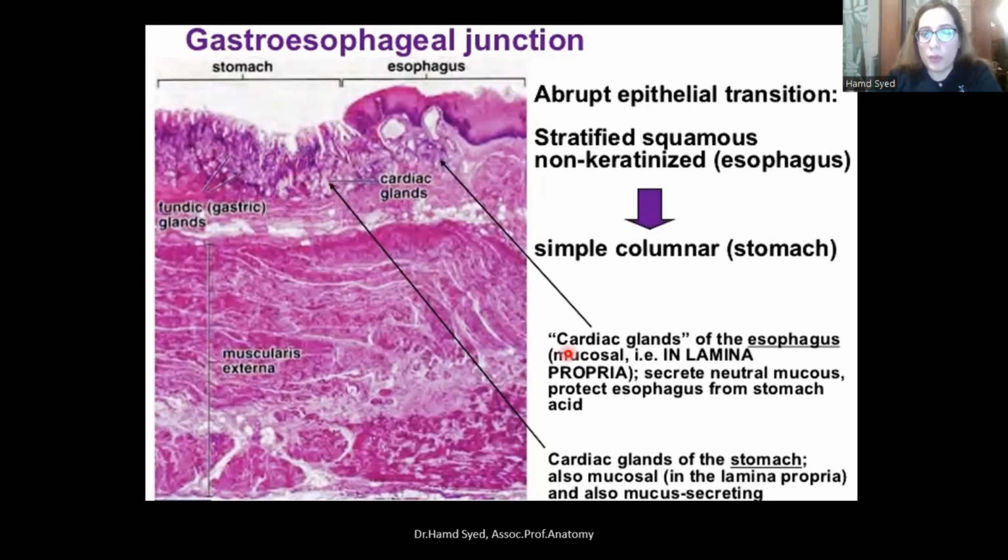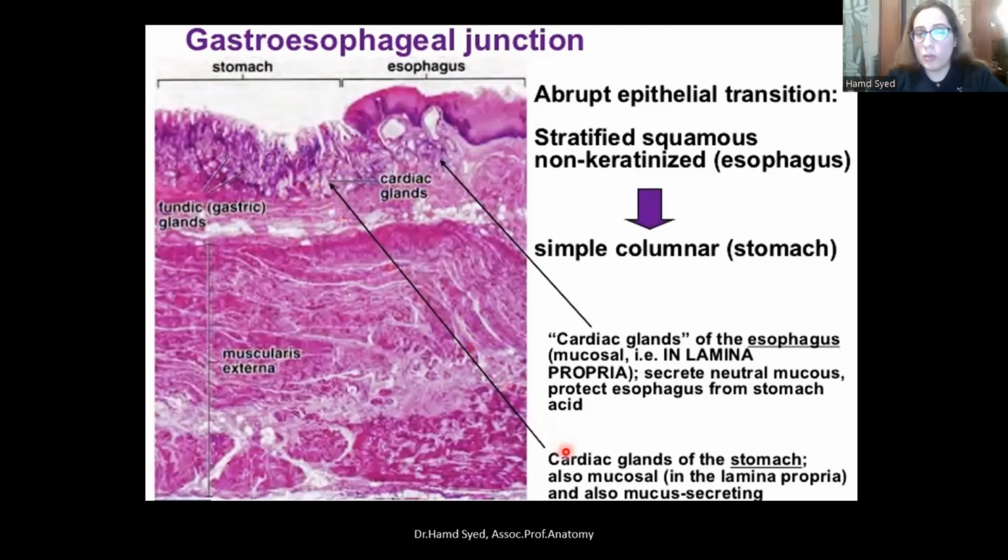And also we should note that there are cardiac glands in the esophagus. In which part of the esophagus? That is the innermost mucosal layer, specifically in the lamina propria of the mucosal layer. And these cardiac glands secrete neutral mucus, which protects the esophagus from the acidic secretions of the stomach. Then let's look at the part of the stomach which is adjacent to the esophagus.